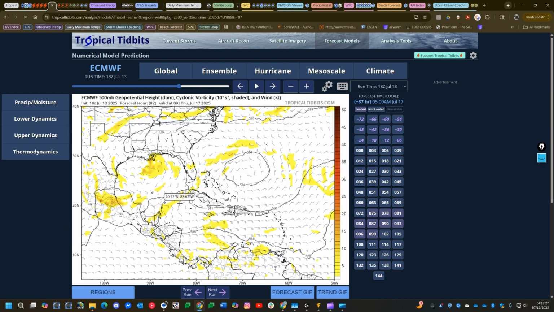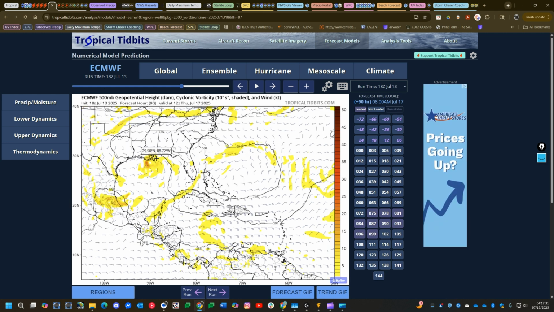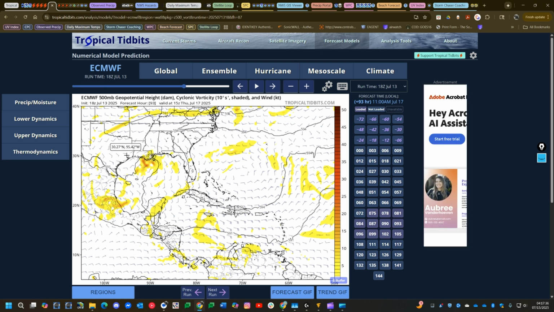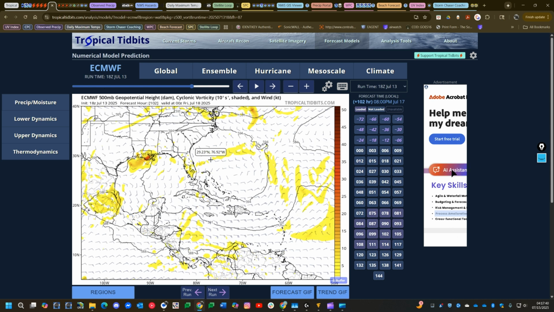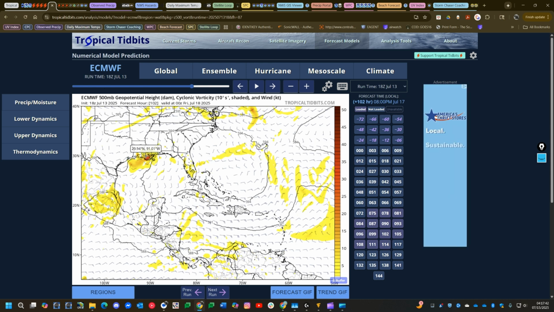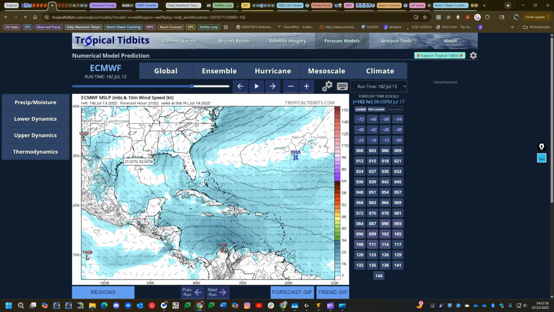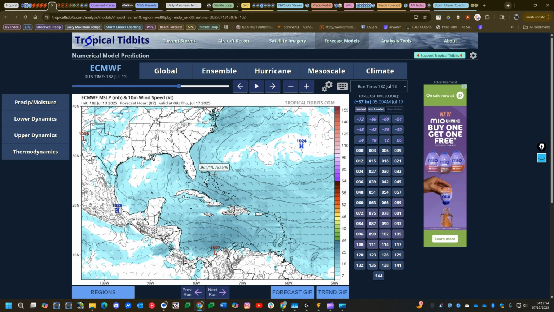I'm going to bring it back to the 500 millibar level, where it depicts the vortex at 500 millibars. It shows nothing extremely strong, but you can see right there it is kind of stronger as it comes onshore, but not too intense really. It doesn't get very deep.